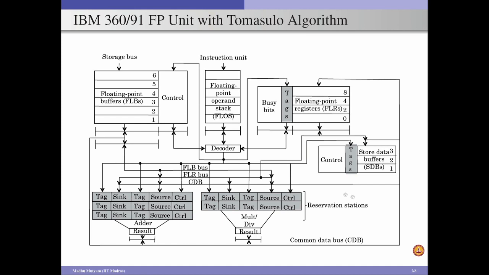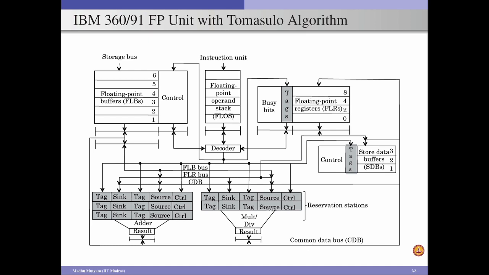Also, for example, if an instruction is writing some data to the memory, we cannot directly write to the memory because that is very costly. So we first write to a register, and from the register we can take the data and write it to the memory whenever memory is free, or whenever we have no other operations to be performed.